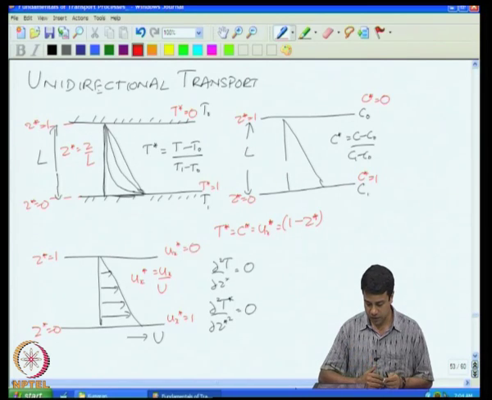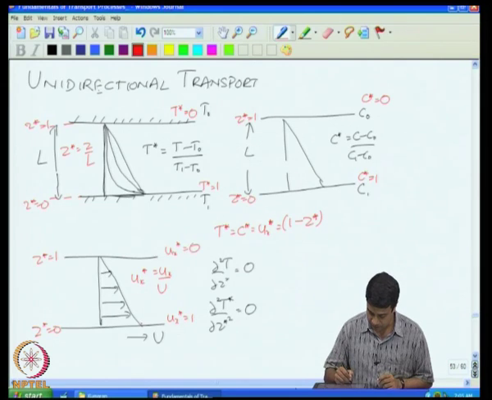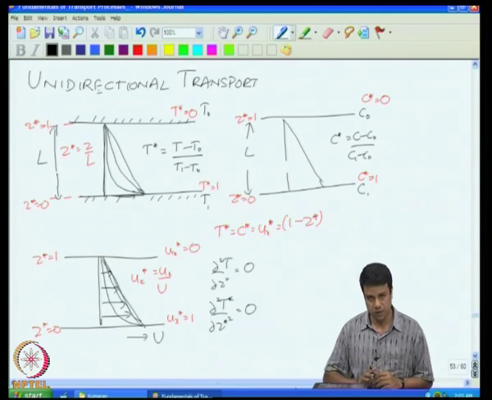Momentum conservation equation: you instantaneously impart a velocity in the x direction to the bottom plate. How does the fluid velocity vary as a function of time? Initially it will look something like this, at later times it will look something like this, and finally it will converge to a linear profile. Those time dependent problems we will consider in the next class.